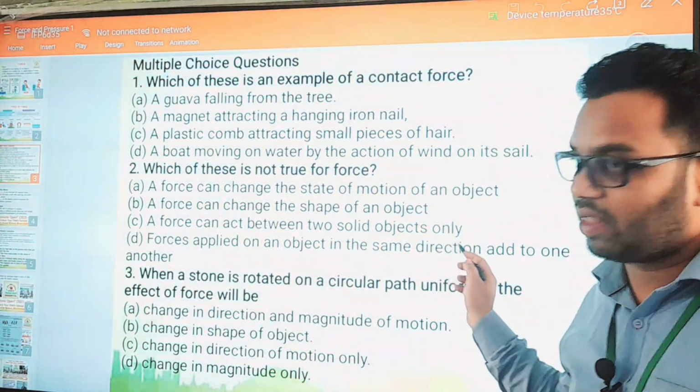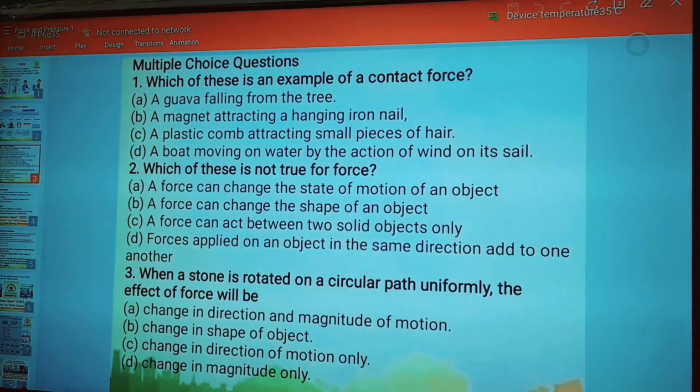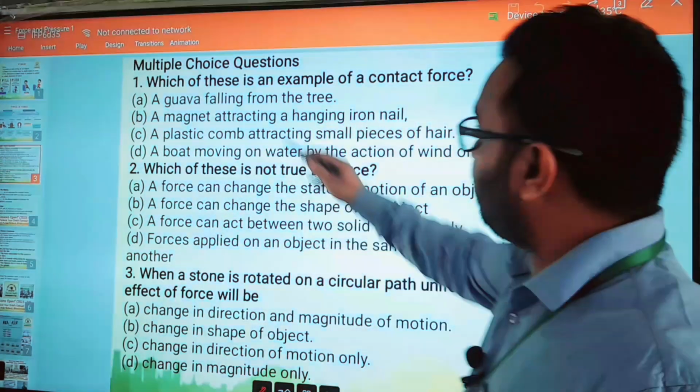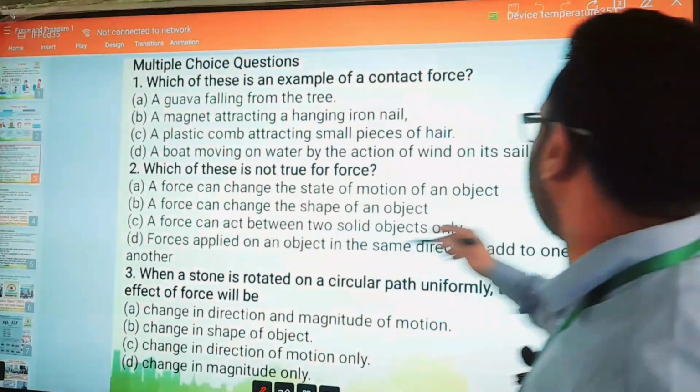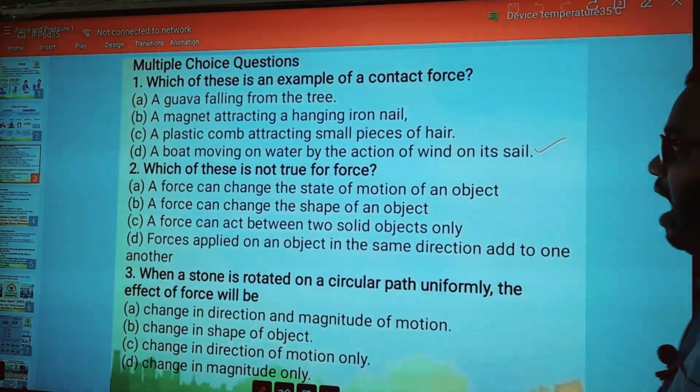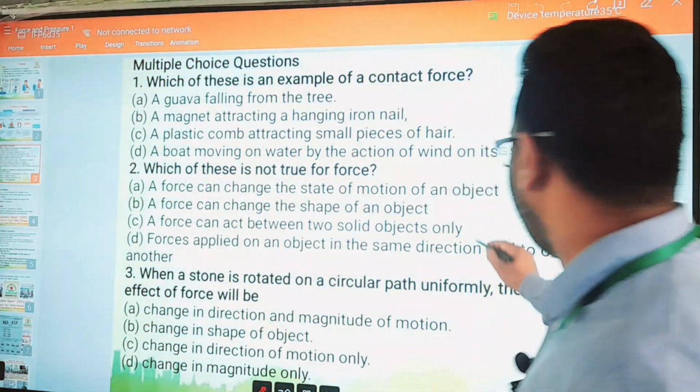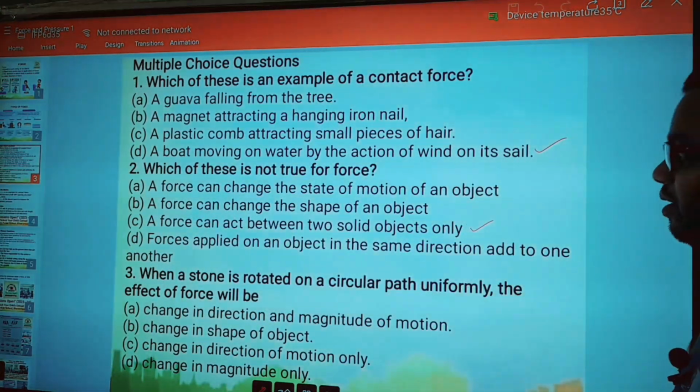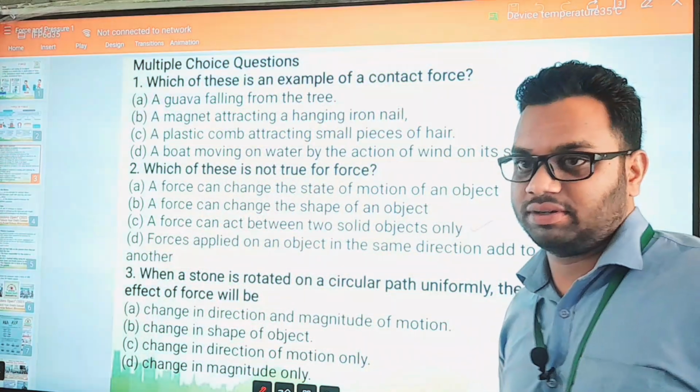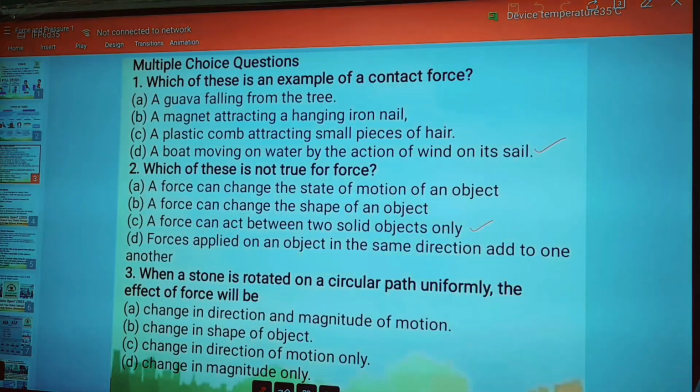Understood? Any doubt here? No, sir. So let me mark here which one is correct. From number 1, option D, and from number 2, option C. You can do it, otherwise when I upload the video, they also can write.